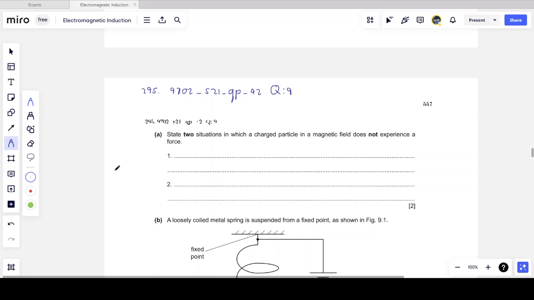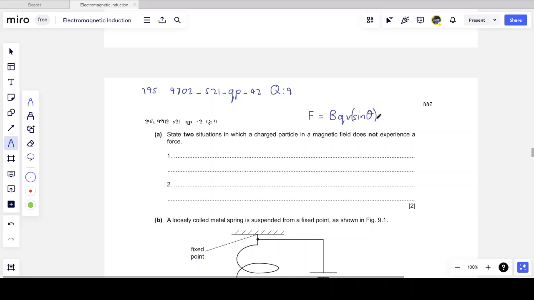The first part of the question says, state two situations in which a charged particle in a magnetic field does not experience a force. Might be quite weird. Why would a charged particle in a magnetic field not feel a force? Well, the first thing I want to do is write the force that a charged particle feels when it's in a magnetic field. F is BQV sine theta.